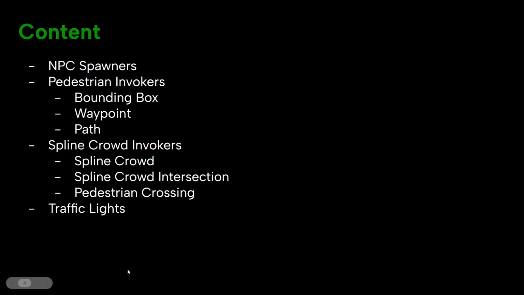And at the later part, I will show you how to integrate traffic lights in your level to move your NPC characters based on the world effect invokers. Okay, let's dive into the demo.